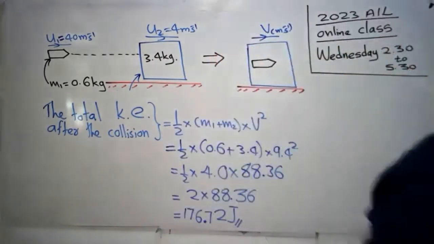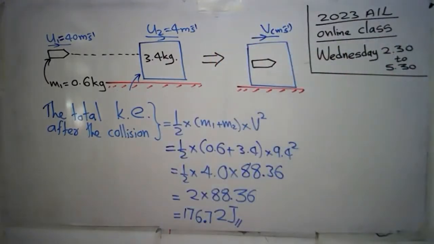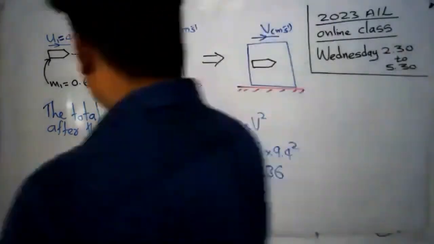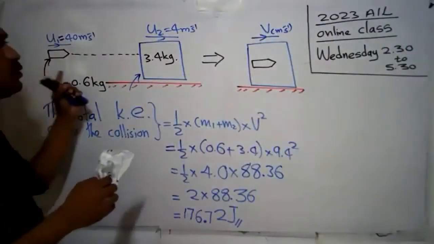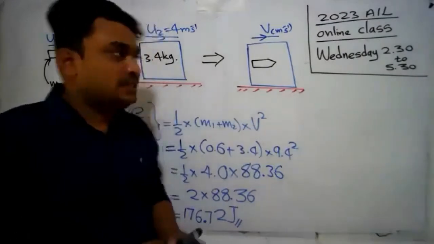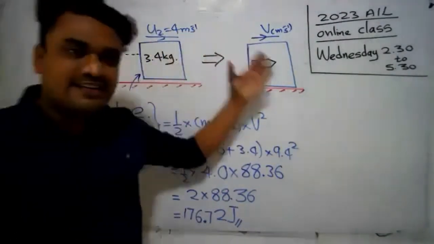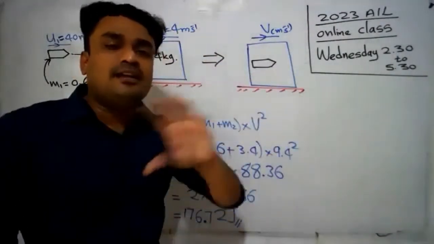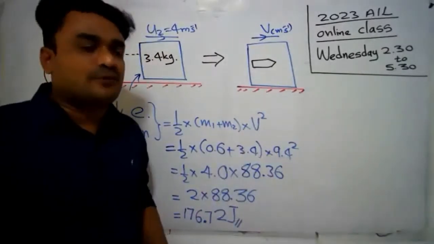Right, now I'm going to explain a new theory section. Look at the board here. So due to the collision, what has happened here? Due to this collision, kinetic energy is reduced. Why? Because kinetic energy is converted into the other forms of energy.